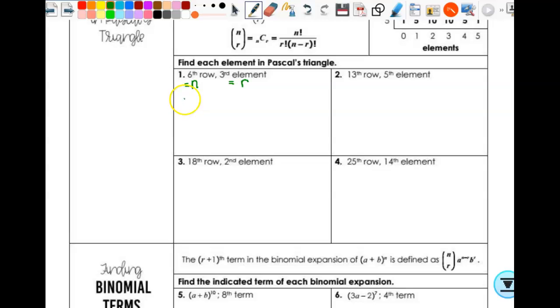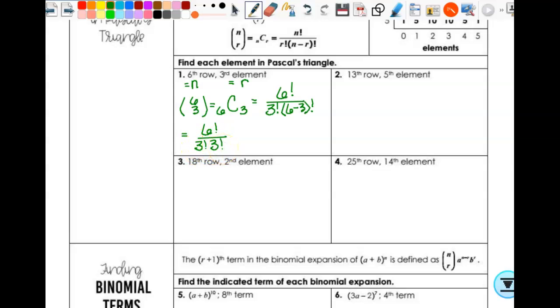So when we write this out, it's going to be 6, 3, which is the same thing as 6C3. Those are like little subscripts, 6's and 3's. And that would be equal to 6 factorial over 3 factorial times 6 minus 3 factorial, which is really just 6 factorial over 3 factorial times 3 factorial.